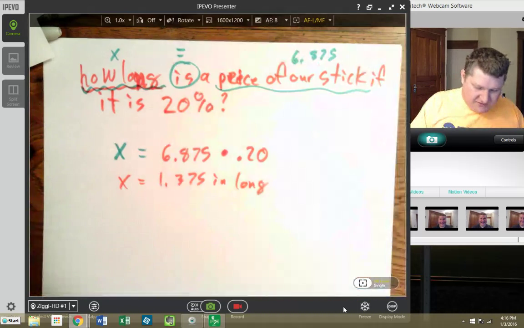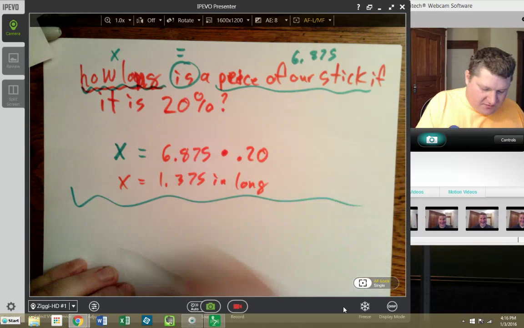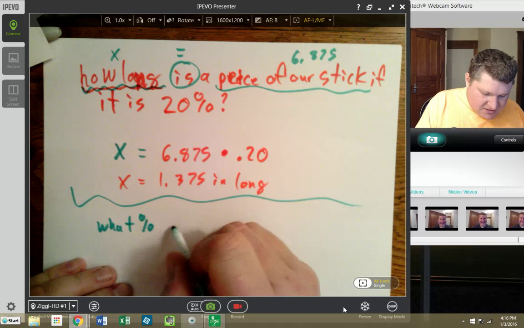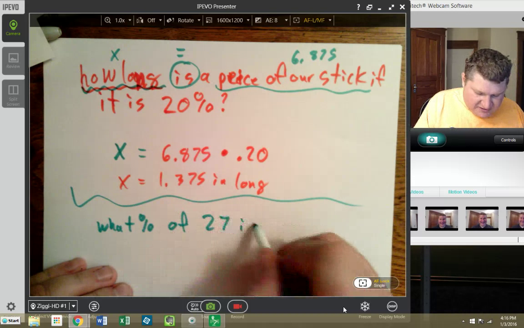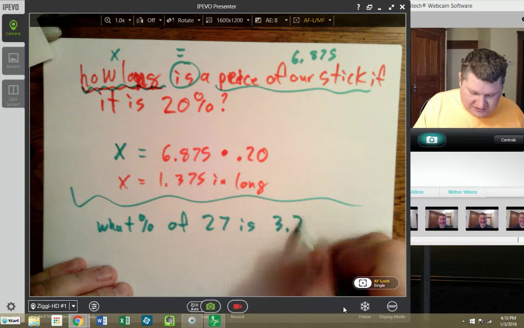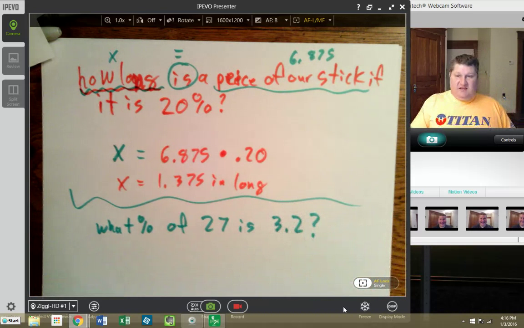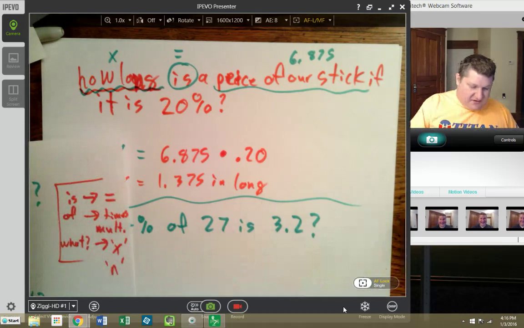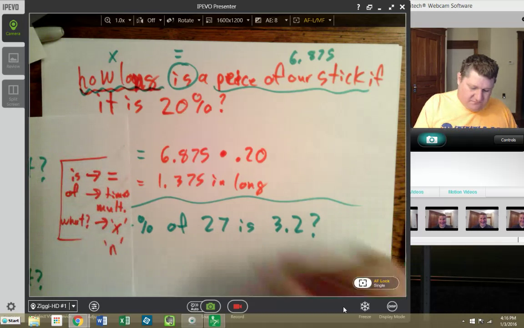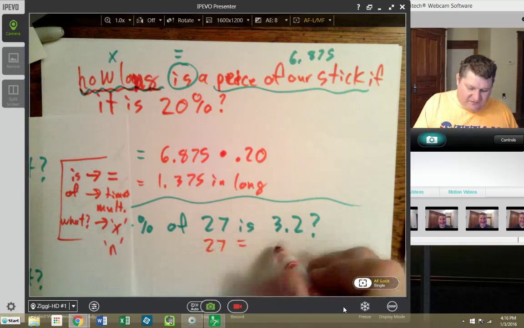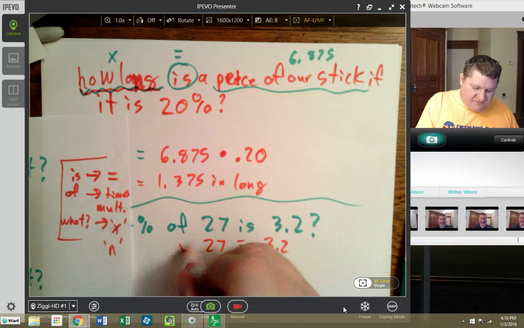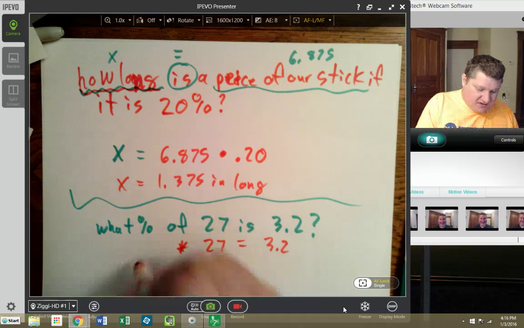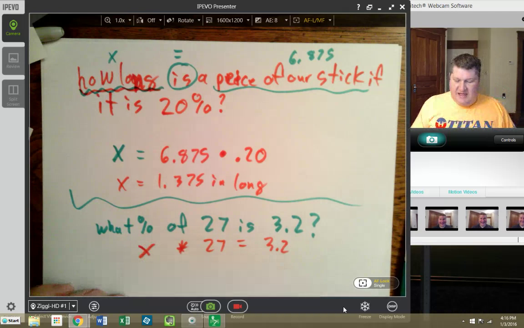Now, alternatively, we could go even different problems than that. We could say, what percent of 27 is 3.2? Now, in this case, we can go back to our little words and say is means equals. So I have 27, 3.2, of means times. Now, what do I put here? It says what percent? So in that case, I'm going to put x.